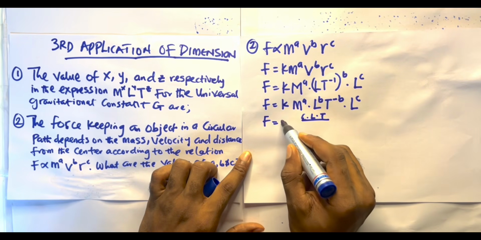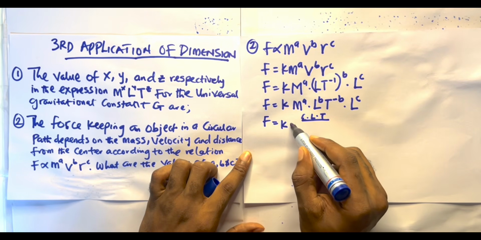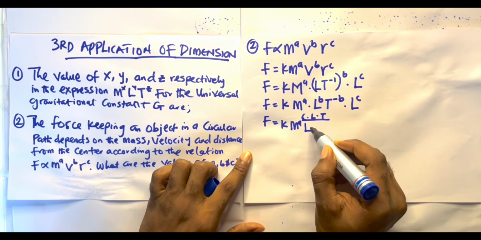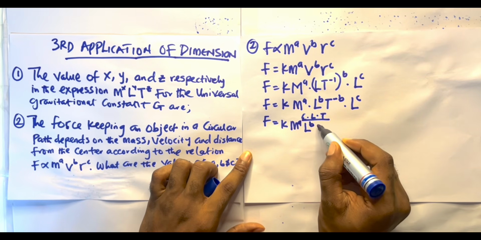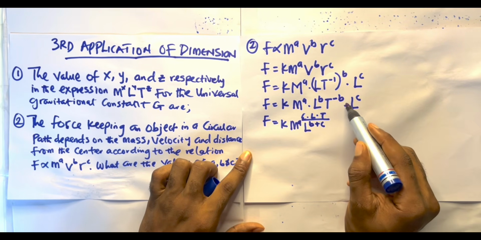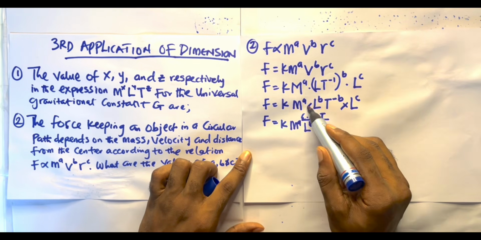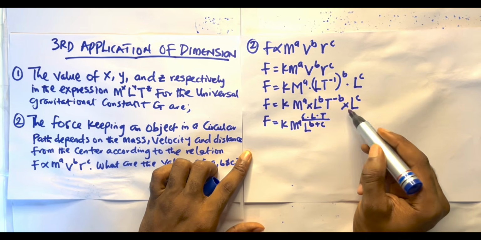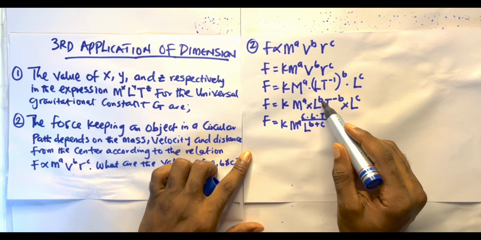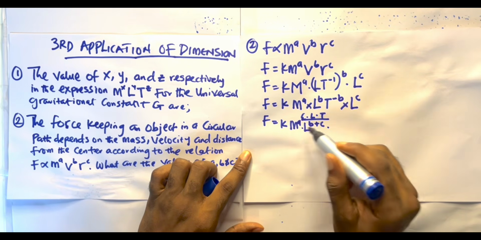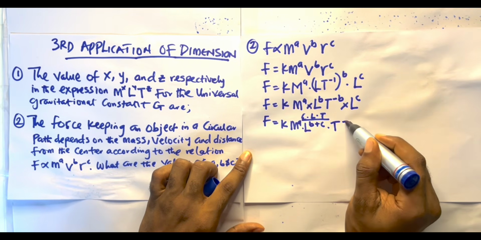So we'll be having K, M^a, L^(b+c). See the like terms here. This dot means multiplication. So for multiplication, the indices add. So anywhere we see L, we bring it together. So b plus c, dot T^-b.